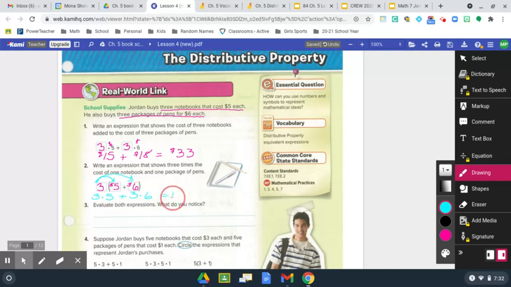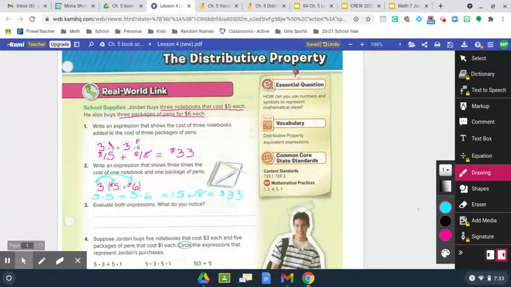So that means I'm getting 15 plus 18, also for a total of $33. I get the exact same amount that I did in number 1. All I did differently in number 2 was just show how to complete that problem as a distributive property problem and distribute the 3 to everything inside.